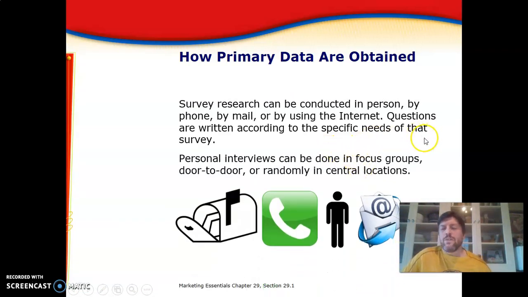There are different ways to get this survey, and they pick on surveys a little bit in the chapter because that's the one that can be the cheapest. Now you don't have to do it by email. The old school would have done it through snail mail, and that would have cost 33 cents to send it.